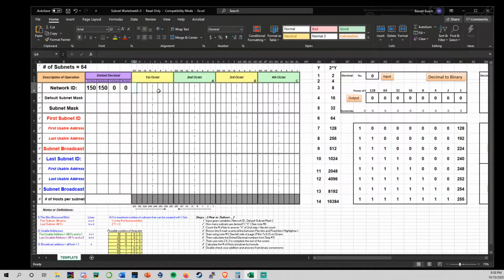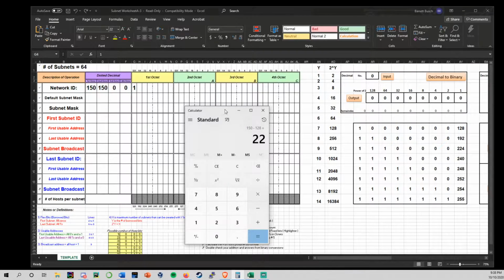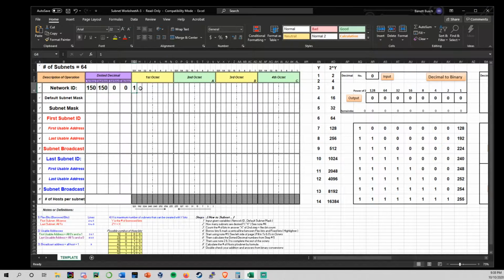Because we were able to go into that, we turn this on. We add a 1 here. So 22, that will not work with either 64 or 32, so these are zeros. Tab is your friend when filling this out.